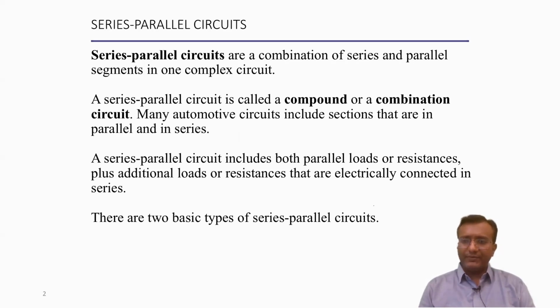We have to identify which individual resistances are in series with each other and which are in parallel with each other. According to it, a complex circuit is simplified and the equivalent resistance of the circuit is found out.